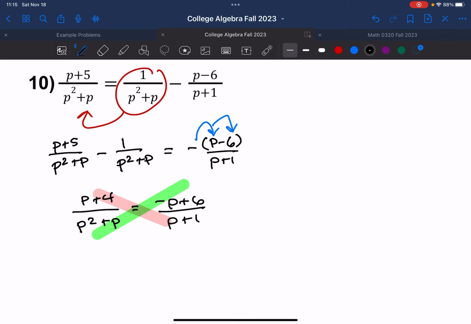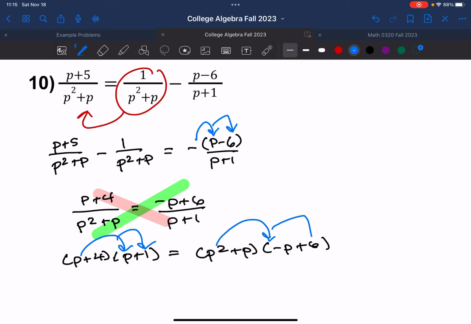And again, this is going to be almost like that binomial times another binomial. So I have p plus 4 times p plus 1 equals p squared plus p times negative p plus 6. Okay. And then I'm going to FOIL.